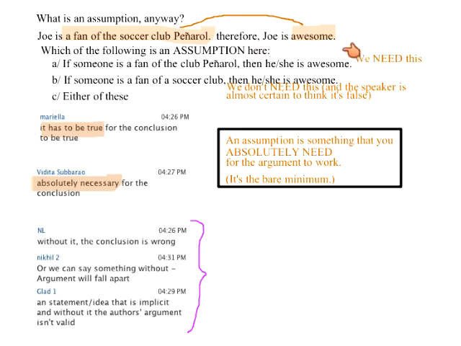You have to have this fact to get from here to here. So I hope that helps. This is another way of defining what the word need means down here. If you don't have it, the conclusion is wrong. So if an assumption is false, then the argument dies. In other words, it is no longer valid reasoning.